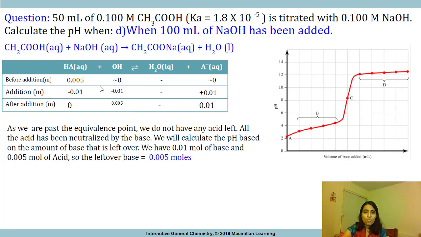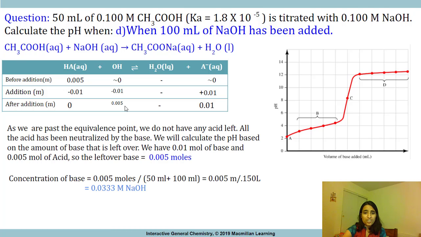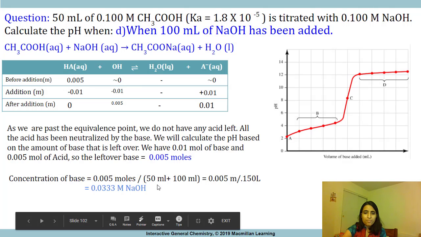So in this, we can go ahead and look at the leftover base or the hydroxide and calculate the pH based on that. So we take the moles of our hydroxide divided by the total volume, which was 50 milliliters of the initial acetic acid added with 100 milliliters of the base.